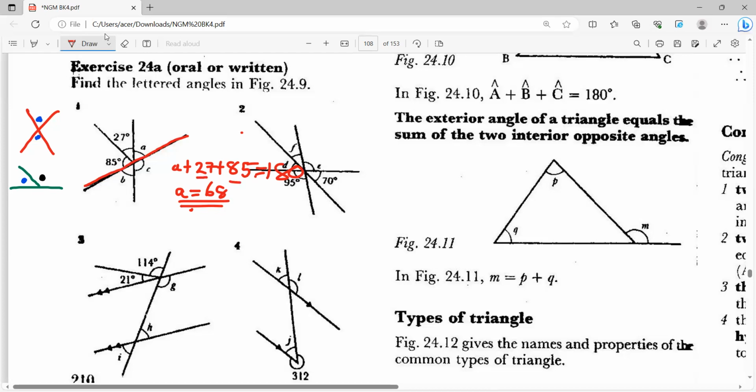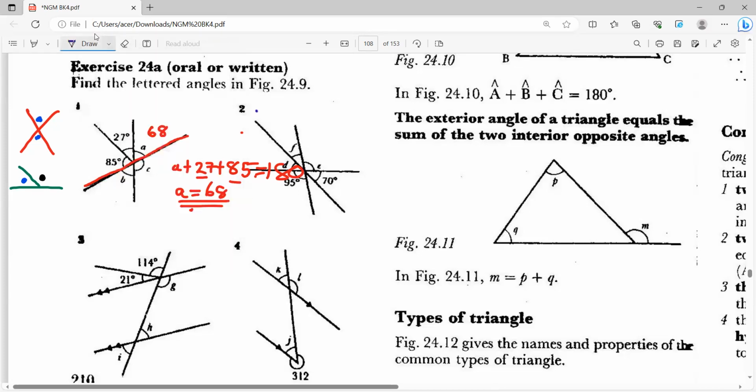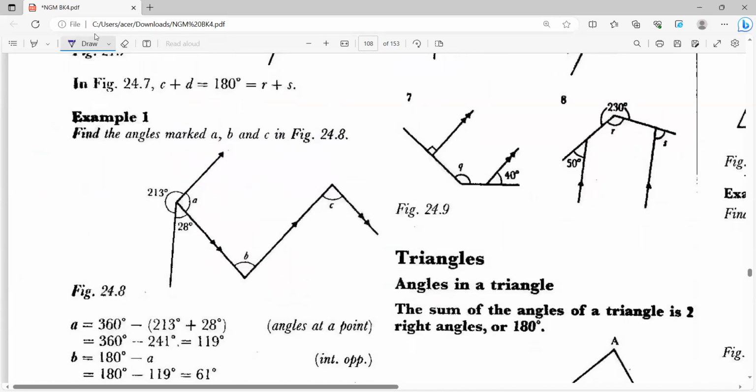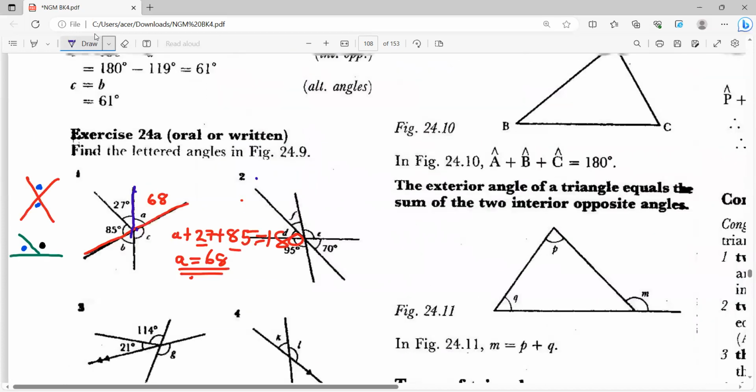So now that we have A and A is 68, we need to find the other angles B and C. All right. So the only way we can find B is if we use the vertically opposite angles. This red line that I drew and this guy, they're forming some kind of an X. They're forming vertically opposite angles.